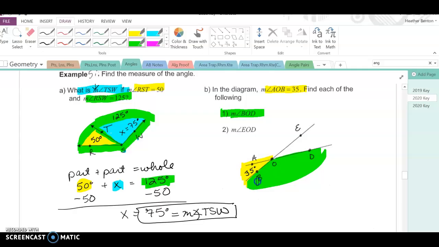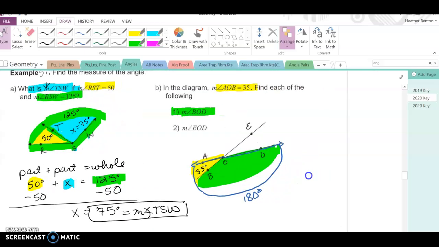And so maybe you're thinking, wait a second, Miss Minton, we don't have enough information for this. All we have is the 35 degrees. That's not enough information. But maybe some of you are thinking about this straight angle right here, that from one end of the line all the way around to the other ray is 180 degrees.